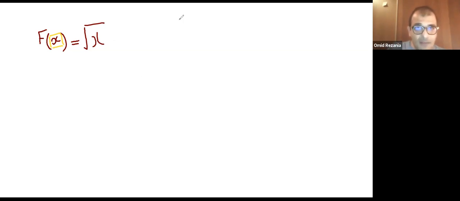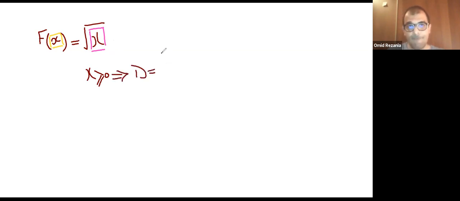When we talked about this function, we said that because x is under the square root symbol, we know that x has to be positive. That's what we call the domain of the function.